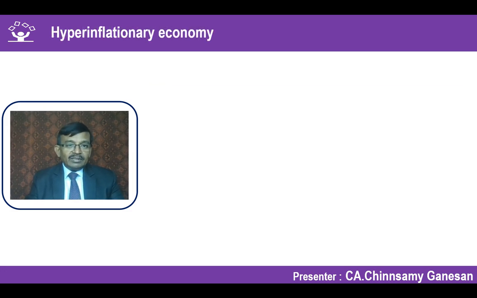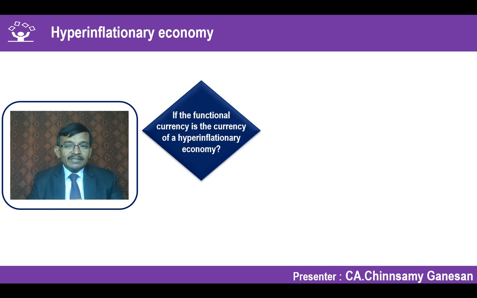Suppose the company is operating in a hyperinflationary economy. What do you mean by hyperinflationary economy? Ind AS 29 actually deals with that situation where the local currency is fluctuating very heavily with the foreign currency. Regular high fluctuations. It's a hyperinflationary economy.